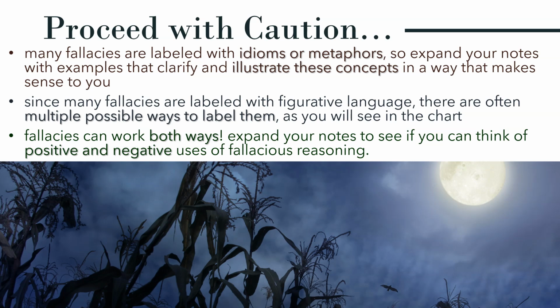So not only can there be mistakes or manipulations when writers, speakers, and thinkers criticize or disparage ideas, there can also be mistakes and manipulations when writers, speakers, and thinkers advocate for certain ways of thinking. So always be on the lookout for the fact that fallacies can work in both ways.